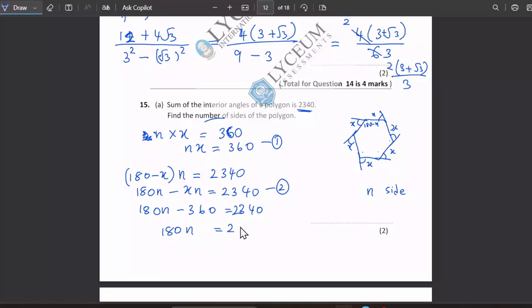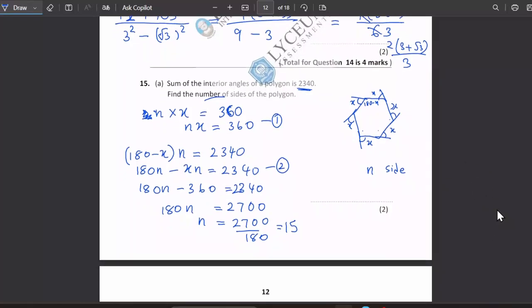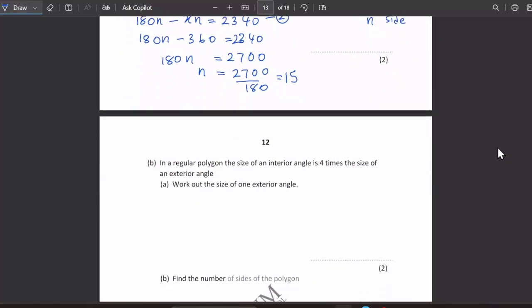Now it becomes 2700. So we can find n by dividing 2700 by 180. 2700 divided by 180, we get 15. Okay. So that's the way to find the number of sides of the polygon.